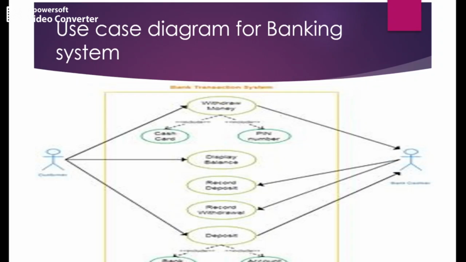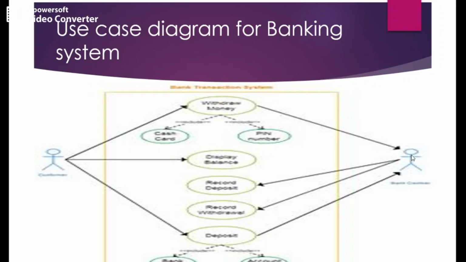Okay, now let us see the use case diagram for banking system. Here you can see two actors. One is the customer, another one is the bank employee, we'll consider.